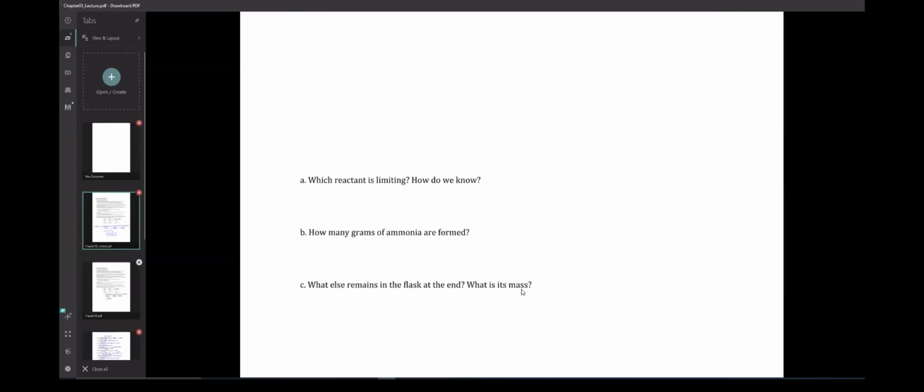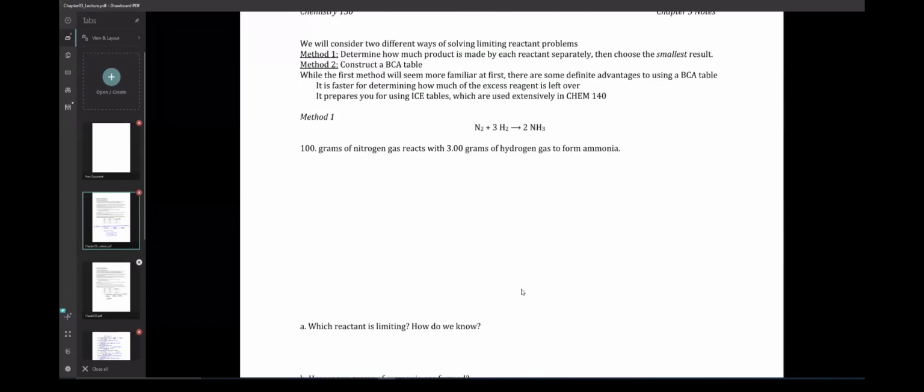So let's go to our notes view here. And so I'm going to want to do the work up here. Okay, so what we have to do is look at the problem twice. Once from the perspective of nitrogen, and once from the perspective of hydrogen.